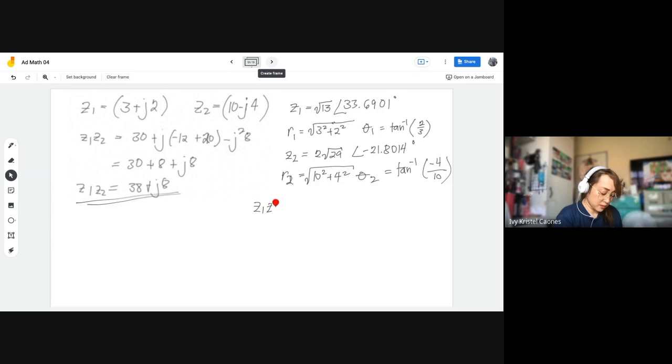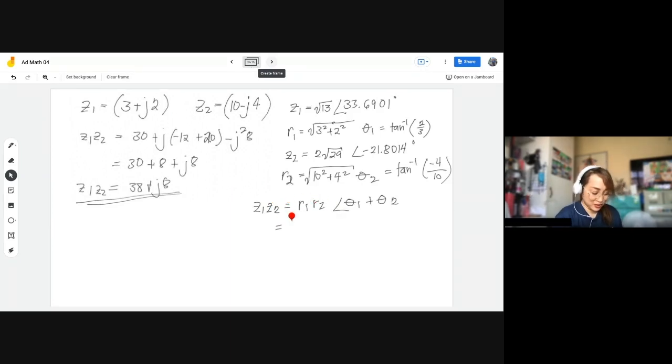Performing the product R1 R2, bar angle theta 1 plus theta 2. So 2 square root of 29 times square root of 13, then bar angle negative 33.6901 minus 21.8014. So what's the answer? 2 square root of 377, bar angle negative 11.8887 degrees.